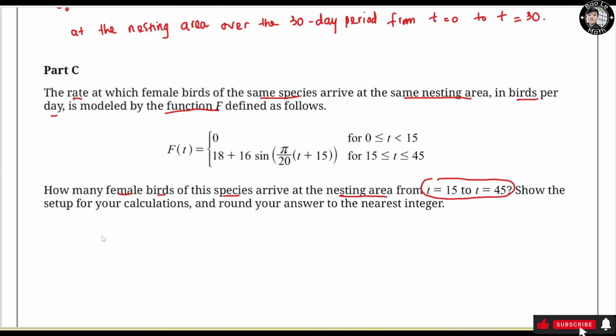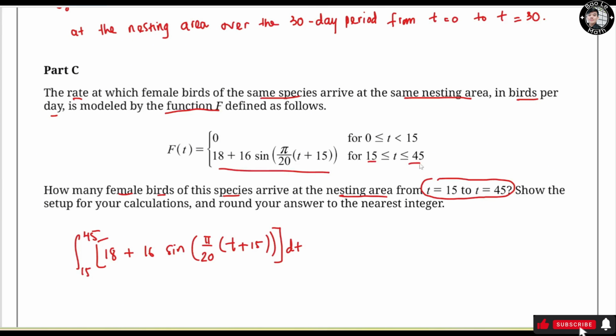Alright, so technically you need to find the integral from 15 to 45 of 18 plus 16 sine of pi over 20 times t plus 15 dt, right? This guy right here, 15 to 45.